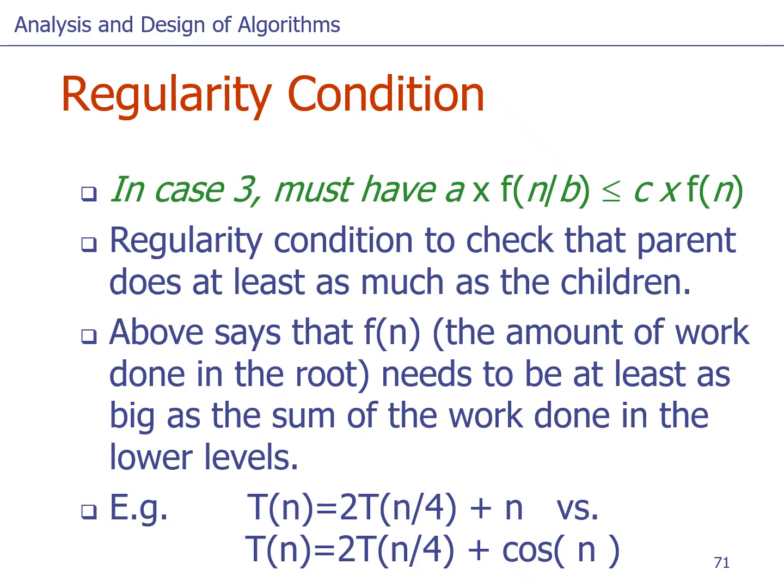Now if you look at the next example, I have a funny function, the same recursive term 2T(n/4) plus cosine n. Now cosine increases and decreases. So when it suddenly increases, we will be doing more work than the parent. And it will keep increasing, so we'll be doing more work than the parent. And then we do less work than the parent, and then we do more work than the parent. This is the nature of the cosine function.